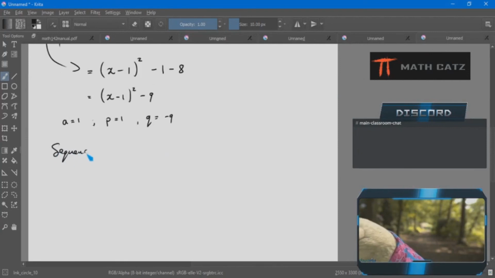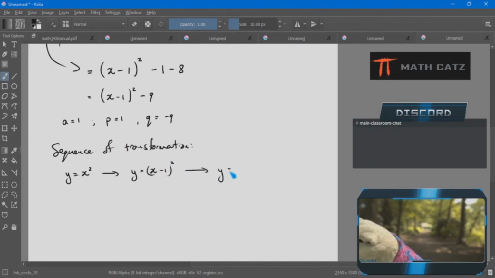I'm going to do my sequence of transformations without the graph. It's going to start with y equals x squared. It's going to go to y equals (x minus 1) squared because there is no significant a to really look at. And then it's going to take that right-hand side and subtract. Oops, not q. 9 and q, not the same.